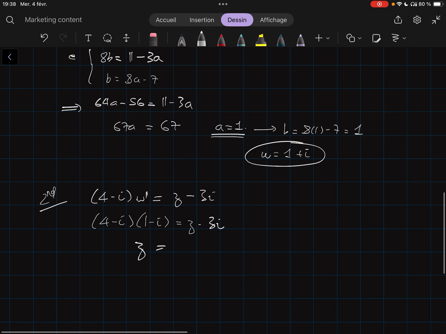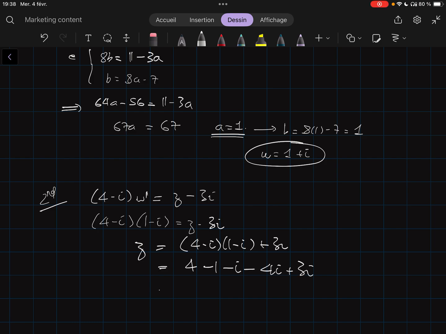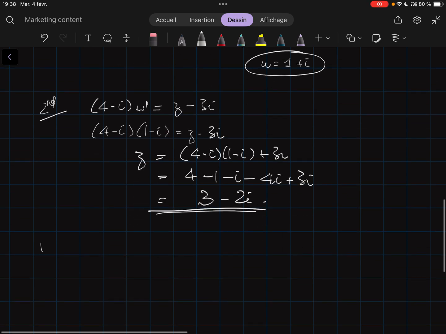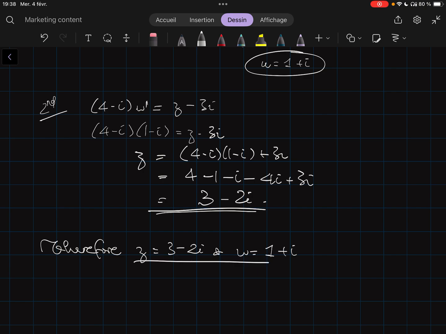So therefore z is equal to 4 minus i, 1 minus i, plus 3i, which is 3 minus 2i. Therefore, z is equal to 3 minus 2i, and w is equal to 1 plus i.